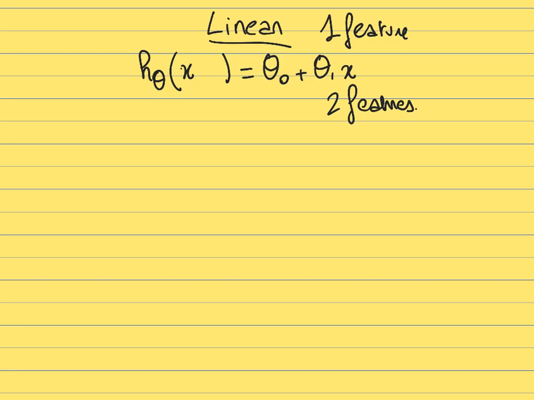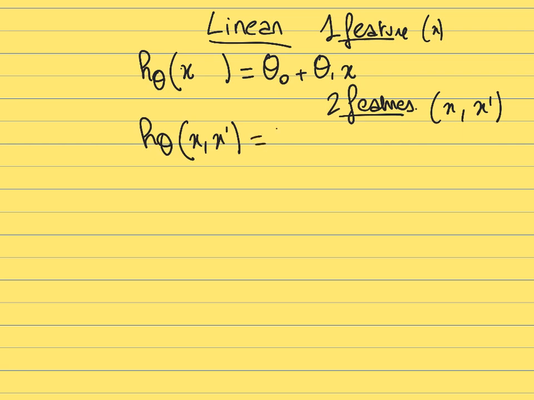So now you have two variables, and you can do exactly the same thing, but rather than having one feature, you have two features. The hypothesis is now going to be a function of two features, not just x, but now x and x prime, where x prime is the second feature. So now your model will depend on two inputs.